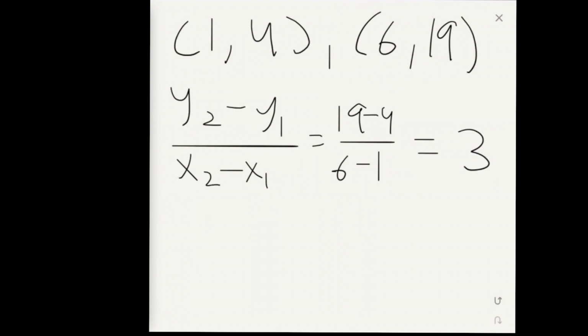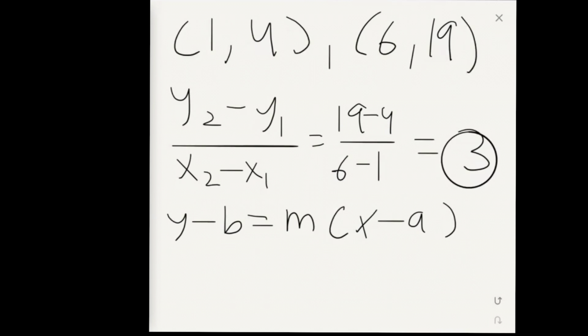Now remember, y minus b equals m times x minus a is a form of point slope form. So now just take your slope and plug it into the equation and choose one of the 2 points. It doesn't matter. I'm going to choose 6, 19 and plug that into the equation.